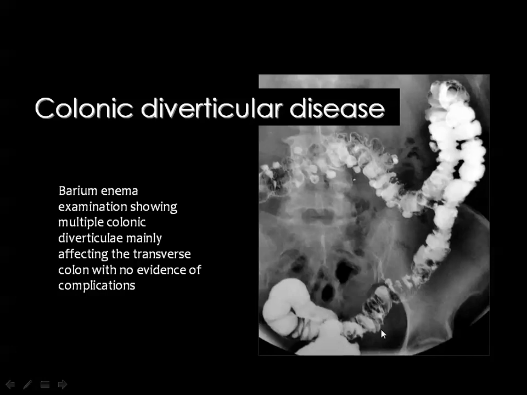This is a barium enema showing nicely the distribution of some of the colonic diverticuli, and the diverticuli here are numerous in the transverse colon compared to few diverticular outpouchings in the descending colon.